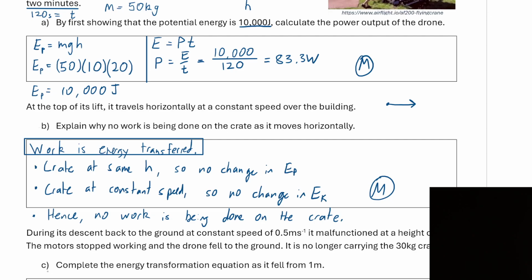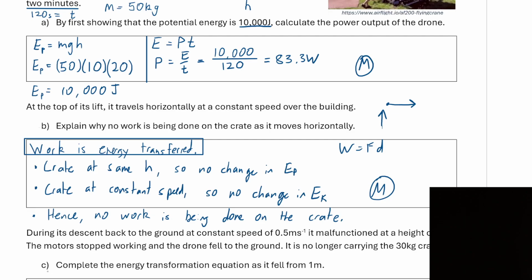If you have a look at the mark scheme, the other way of explaining it is work is force times distance. Since the force acting on the crate is in the vertical direction, right, it's being held up by the drone, otherwise it would fall down. Hope that makes sense, right? The crate sees the drone pulling it up.